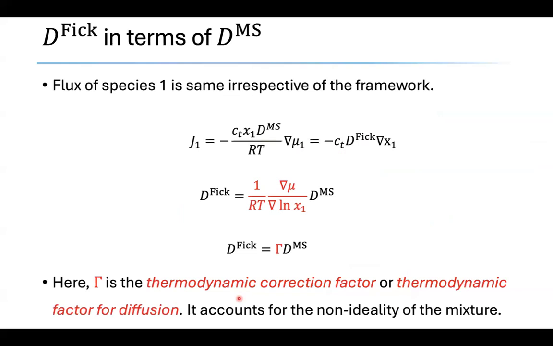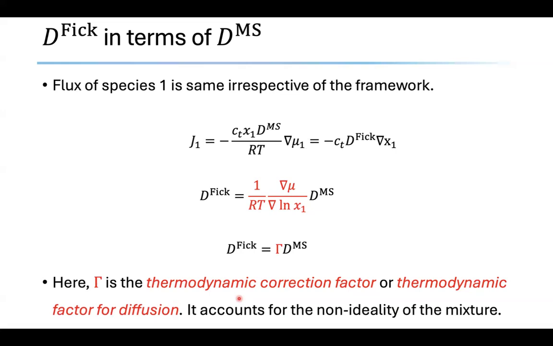Now, the flux that we described using the framework of Fick and through the framework of Maxwell-Stefan should be identical because you're looking at the exact same process and the exact same flux. It should not matter in which framework you're actually calculating the flux.